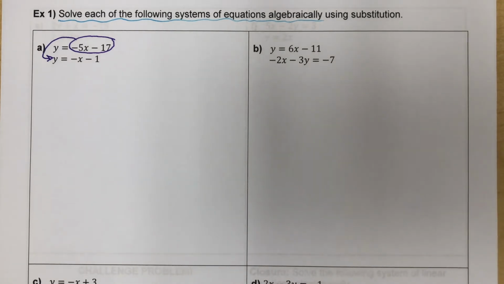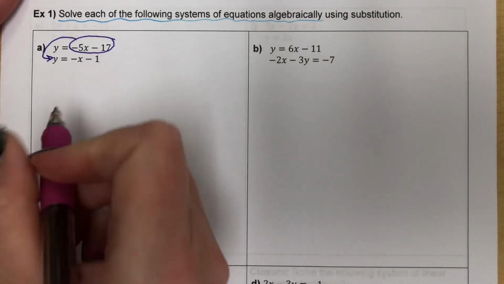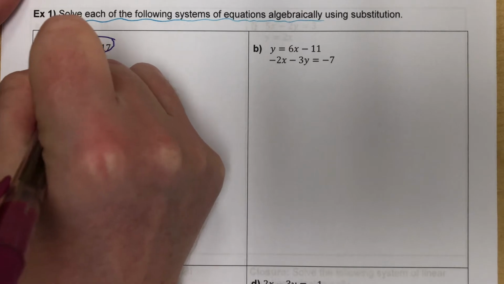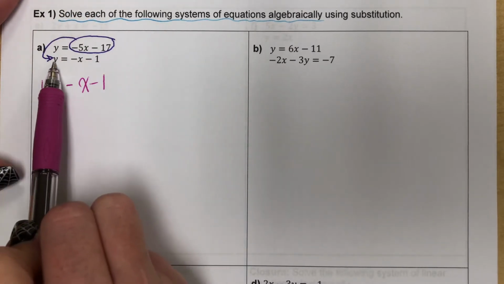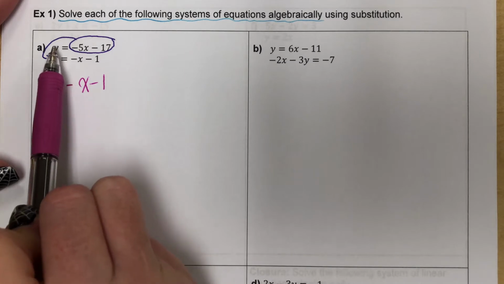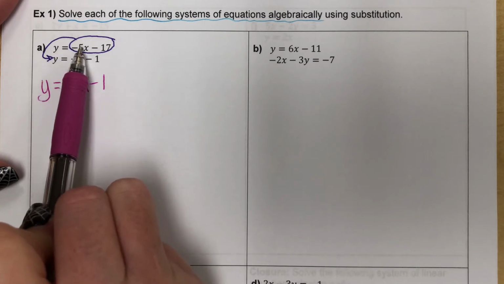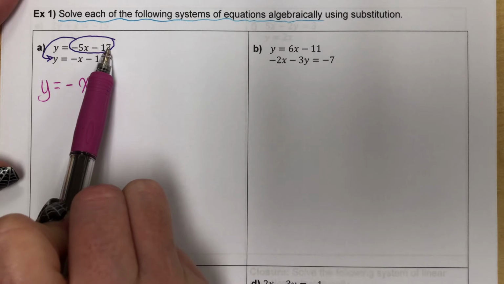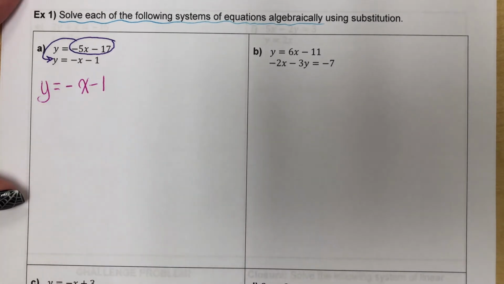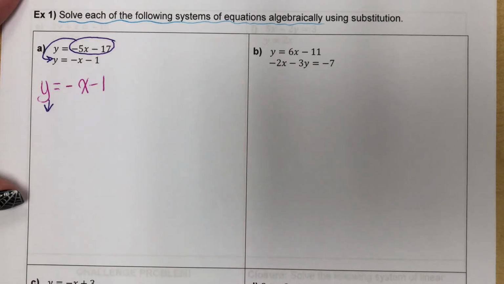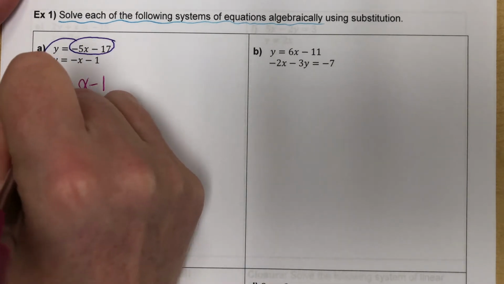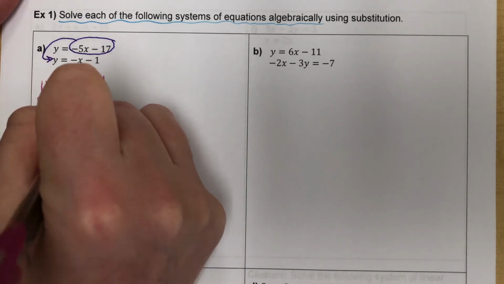My second equation is y equals -x minus 1. I'm not going to write y equals. I know what y equals. Y is -5x minus 17. So instead of writing y, I am now going to plug in that -5x minus 17.